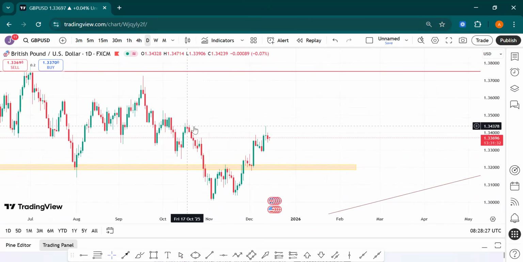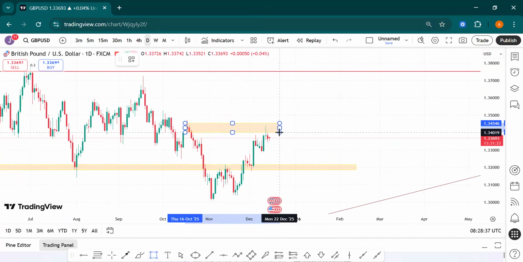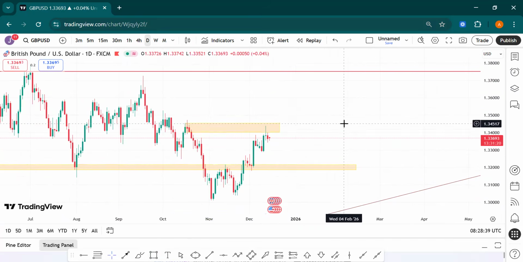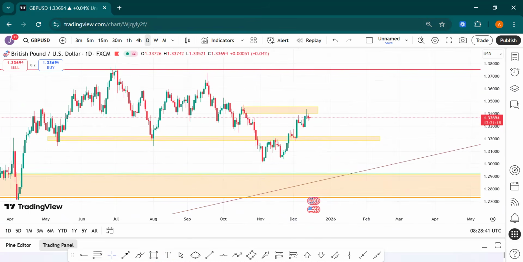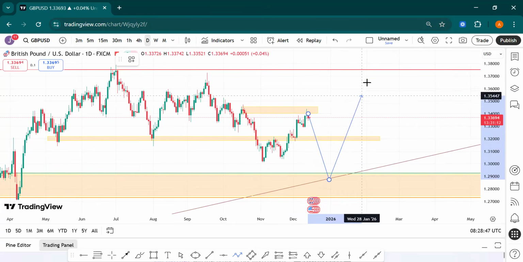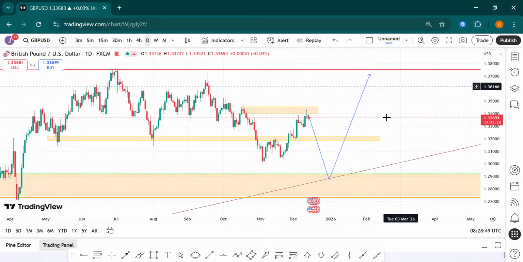This happens to be the most recent supply zone. And for those that trade order blocks, a lot of them would be waiting to sell here. Now, remember that I already told us that the perfect scenario would be price being pushed back down into this area and then going upwards.